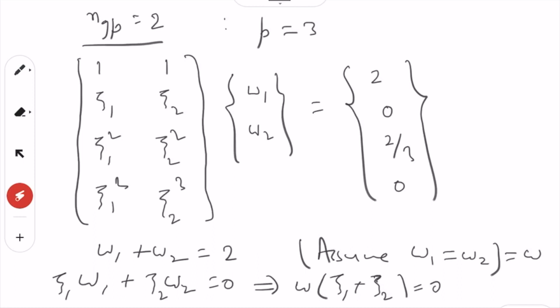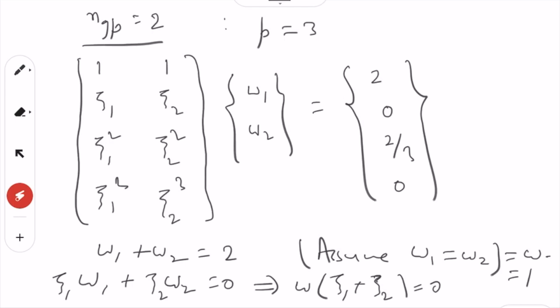Okay. So here W1 plus W2 equal to 2. Assume W1 equal to W2, it becomes equal to 1 only, right? So W equal to 1 only, because W1 plus W2 equal to 2, both same, so W1 equal to W2 will be equal to 1 only. So we get the weights already.